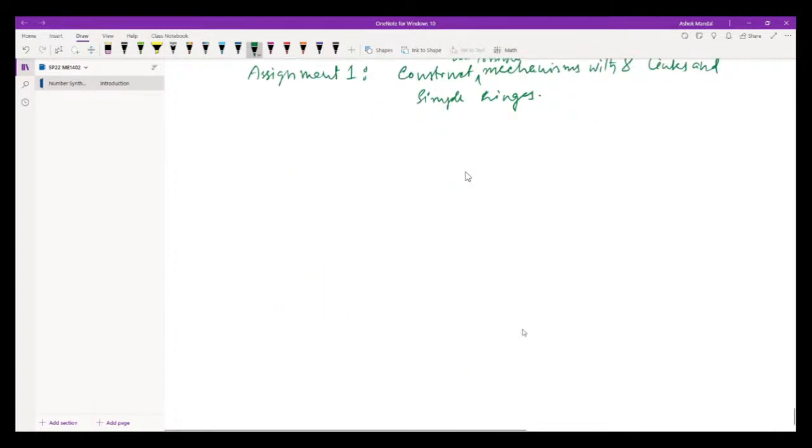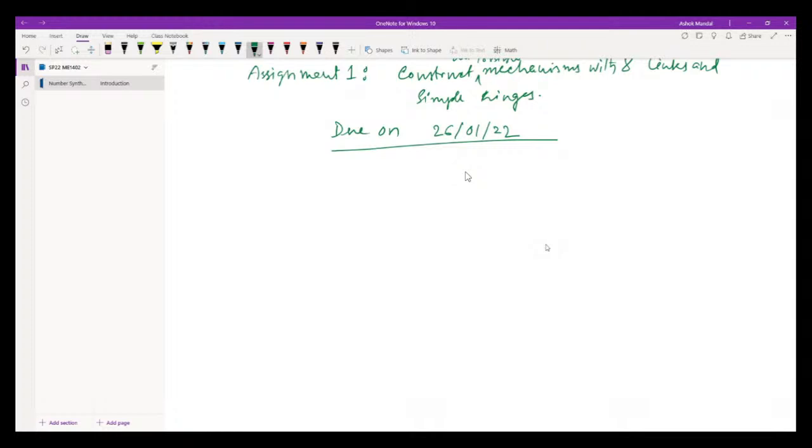Okay. So you will submit this assignment. Today is the 19th, so you will submit it within 1 week. The 26th is a holiday, so before the 26th you need to submit. So this is your assignment 1.